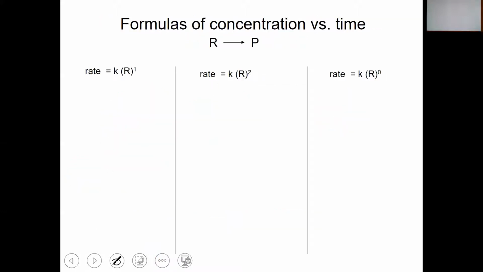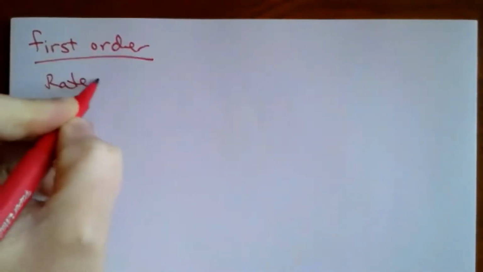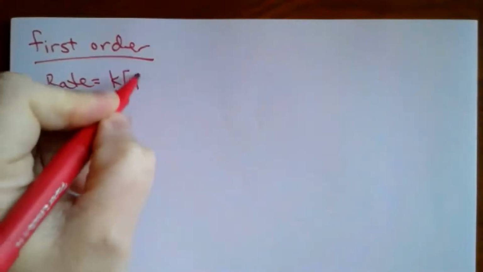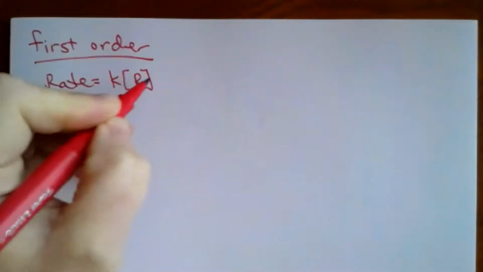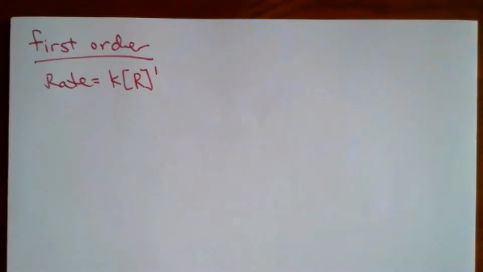So here are the 3 most common rate laws. We have a first order, second order, 0 order. Let's develop some concentration time equations for these 3 reaction types. So if we start with a first order reaction, that rate law is rate equals k times the concentration of reactants raised to the first power.